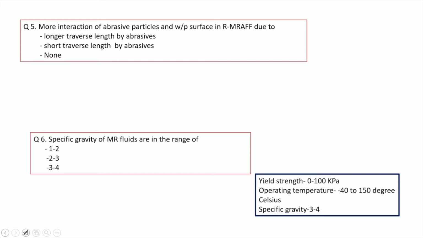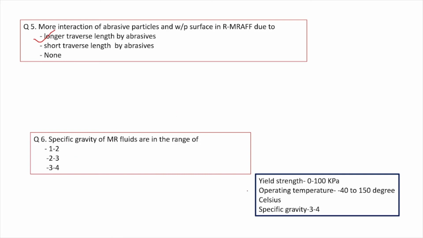In that case, material removal and surface finishing happen in a good way, and we get a good surface finish, because it gets more time to interact with the workpiece surface. So the right answer will be more interaction of abrasive particles and workpiece surface in RMRAFF due to longer traverse length by abrasives.